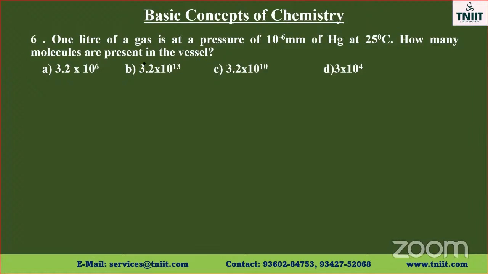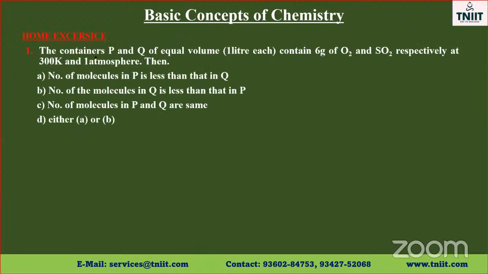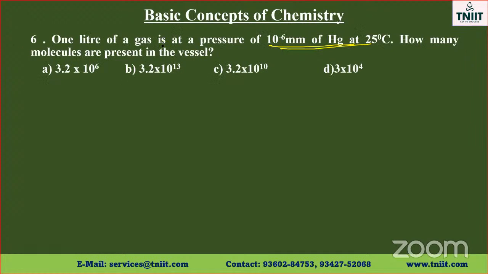I think the data in the question is not complete. They have not given the name of the gas also. So it will be difficult to calculate the number of particles. So we'll see. This is not clear.